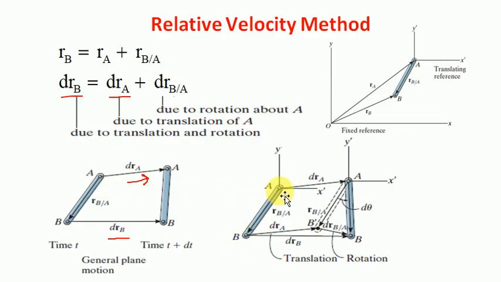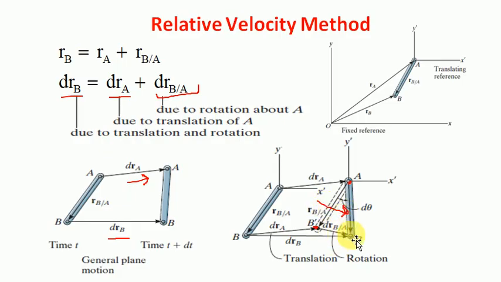Now you can see, this is AB. First we add the translation dRA to both A and B. When we add this dRA to both, A will move here and B will be at a new position about this point. So this is the dRA we added. Next we add rotation about A. When we rotate about A, this changes to this position.